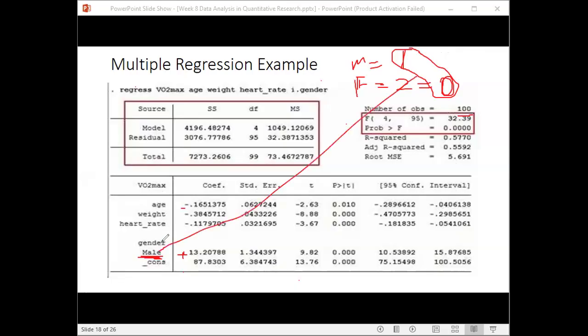So this variable male has the value of 1 and 0, where 1 is for male and 0 is for female. 1 is the presence of being male, 0 is the absence of being male. So the interpretation is, once it's positive, you interpret it as being male or having male as a gender. Is it positive? Yes, it will increase your dependent variable by this coefficient that you see relative to being female. That's all.